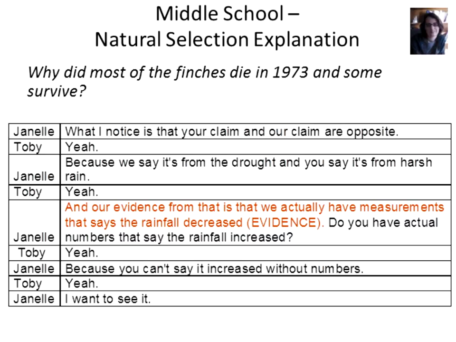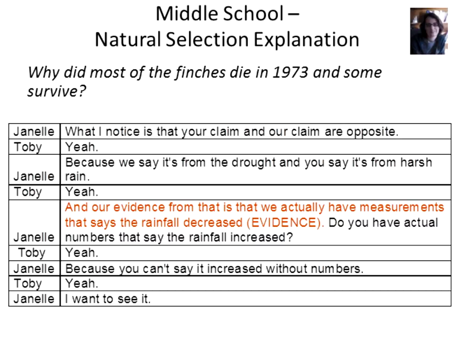Do you actually have numbers that say the rainfall increased?" So Janelle's seen this difference, right? They have opposite claims, and she provides evidence for why she thinks her claim is correct, and she asks Toby about his. So Toby responds, "Yeah," and Janelle says, "Because you can't say it increased without numbers." Toby says, "Yeah," and Janelle says, "I want to see it." So she's pushing for the evidence.